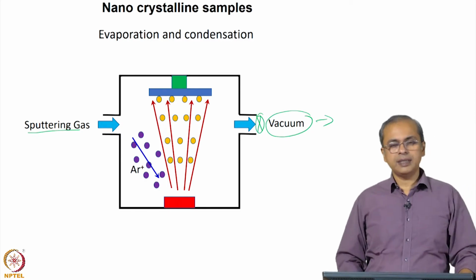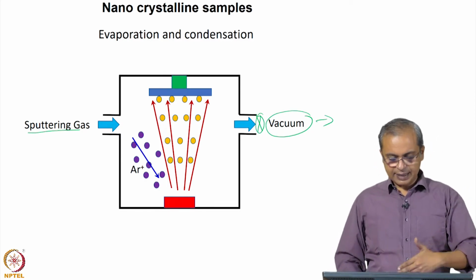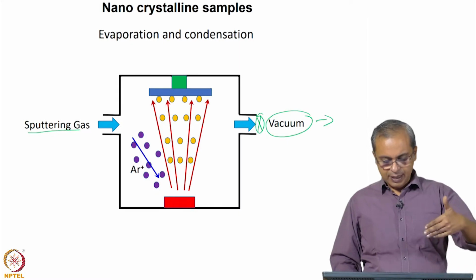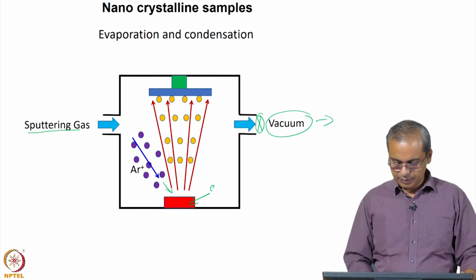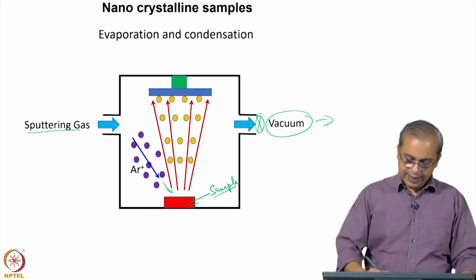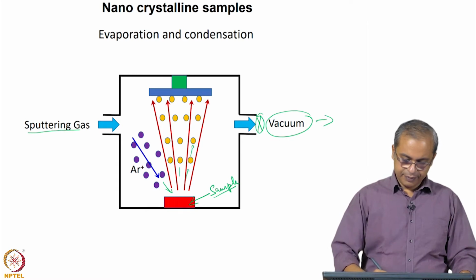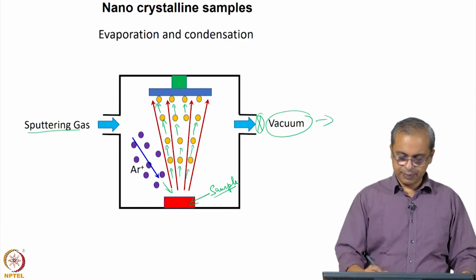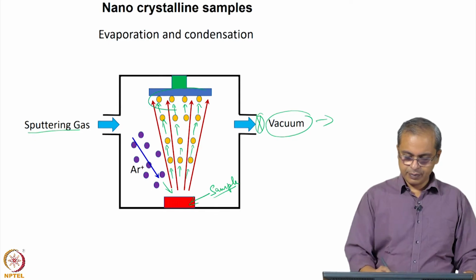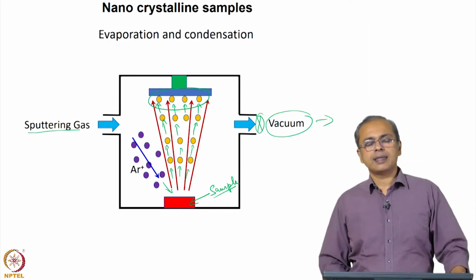Argon comes in and you set the right kind of conditions, it gets ionized, it comes and strikes the sample. And then when it strikes, again atoms are ejected, and they go and condense on the sample. So, this is the general process.